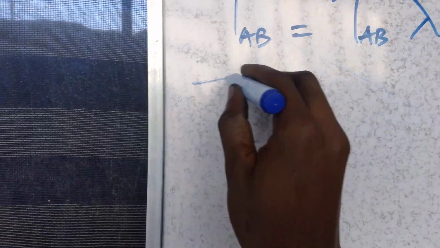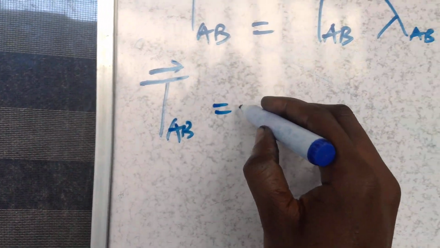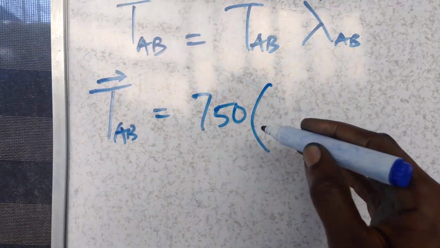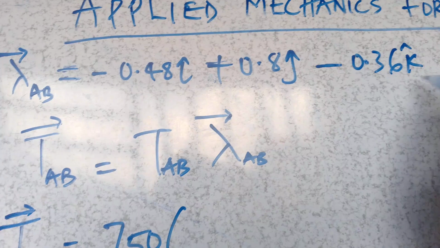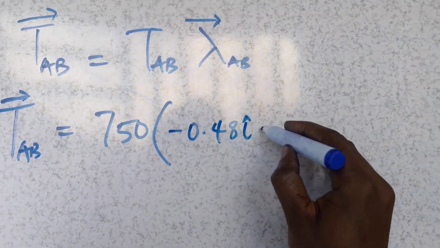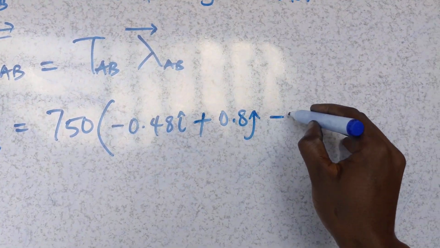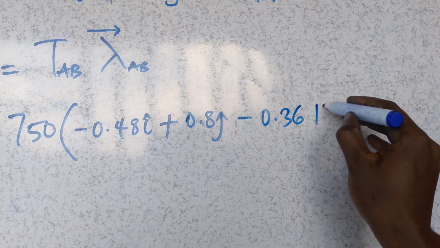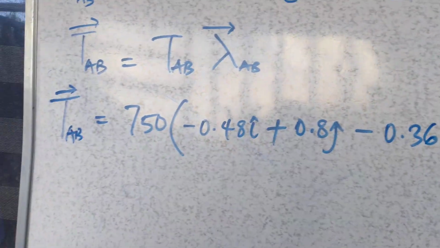So that means vector TAB will be equal to 750 multiplied by the value of the unit vector there, that is minus 0.48I plus 0.8J minus 0.36K.